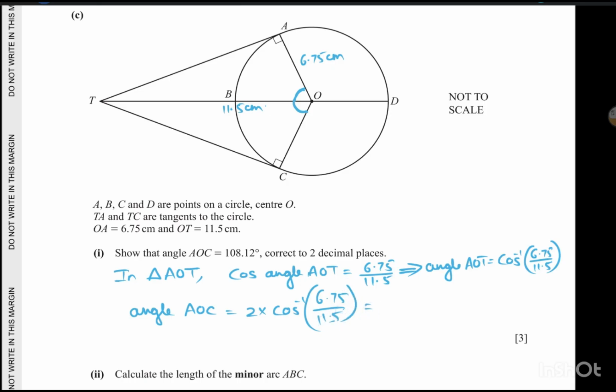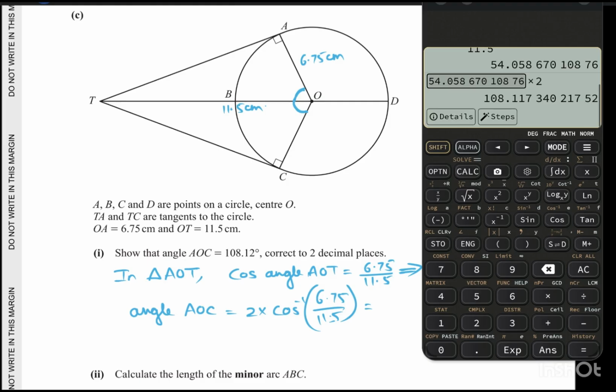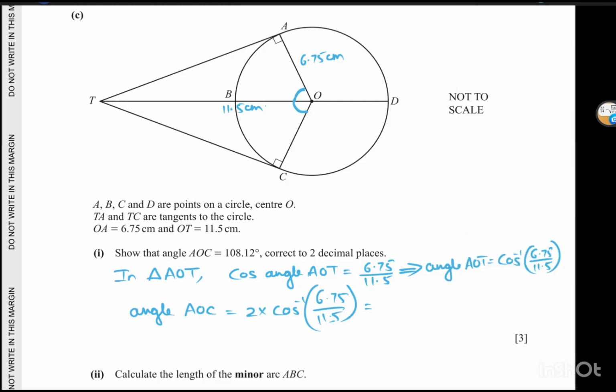So I will get 108.117. If I round this to 2 decimal places, I get 108.12. This is done. Question number 1 is done.